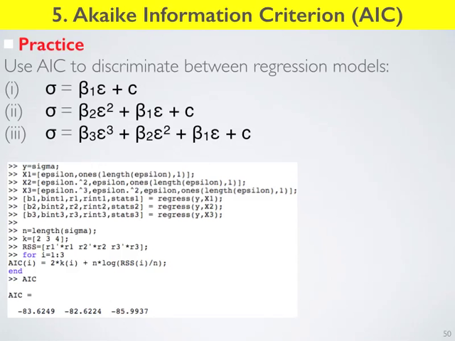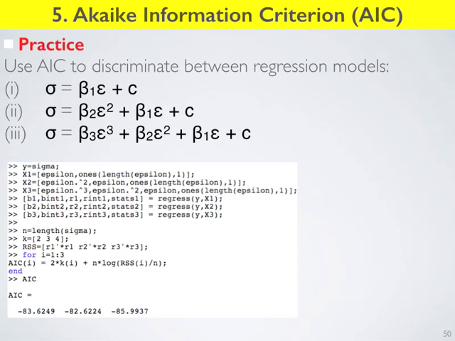For X2, we just have a bigger matrix with epsilon squared, epsilon, and 1s, and then X3 is epsilon cubed, epsilon squared, epsilon, and then 1s, just adding more and more terms to our model. Then we make our regression call on yx1, yx2, yx3, get everything out of it and store it in these variables, which is exactly the same call we made before. We've just suffixed everything with a number to keep track of which model it pertains to.